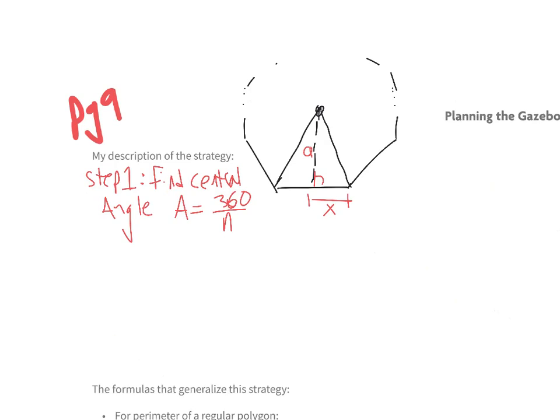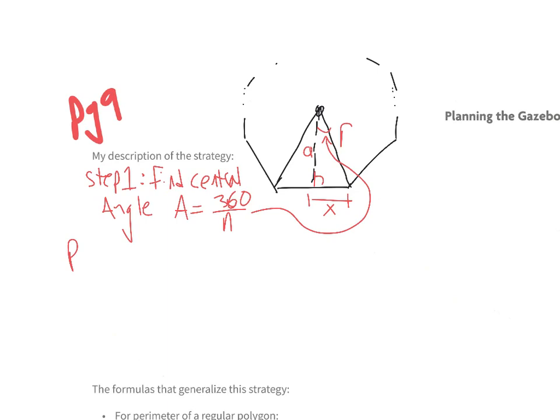Okay, and that will give us our angle A. So now that we have that angle, we can find X if we know, suppose we know the radius. The radius is kind of important there, okay?